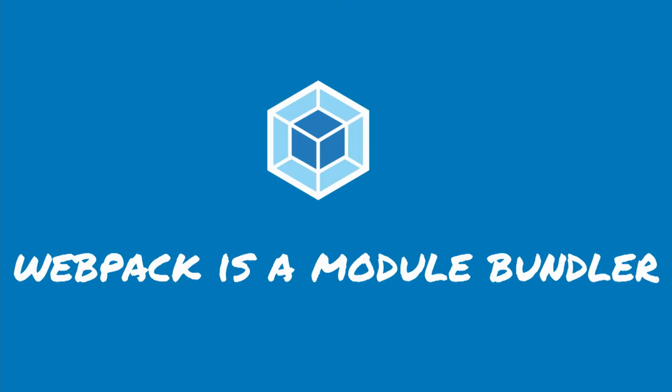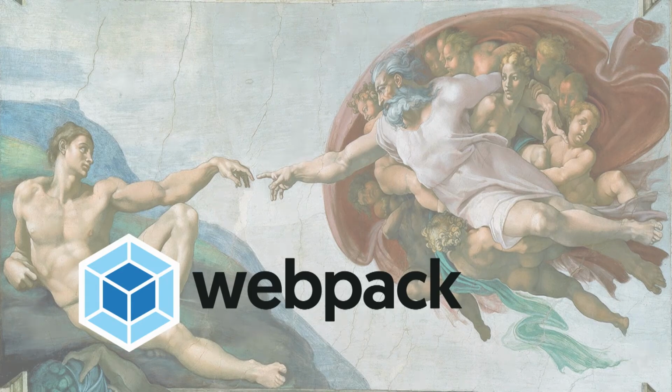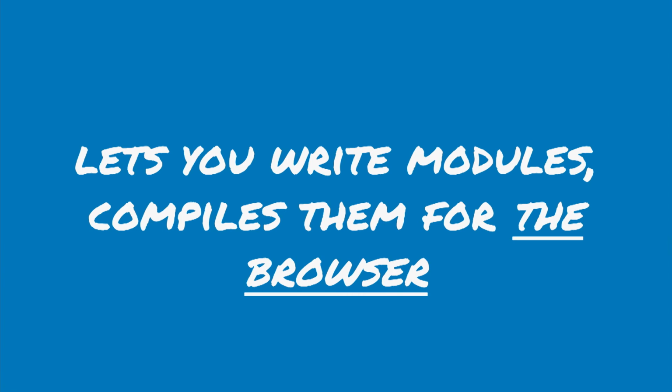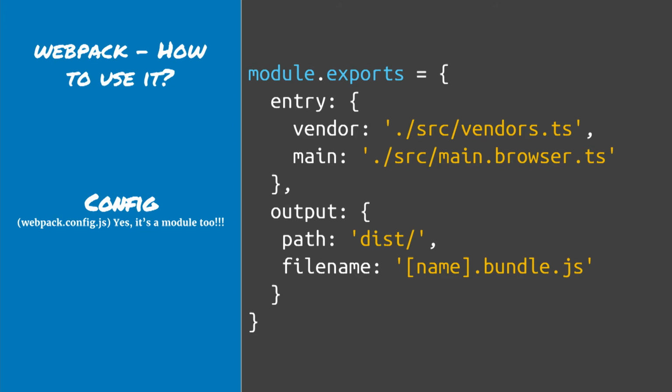So let's talk about Webpack. Webpack, in its simplest explanation, is a module bundler. But what does that mean, Sean? A module bundler lets you write modules, but then it compiles them down to work in the browser. It's as simple as that. And there's a couple different ways that you can use Webpack.